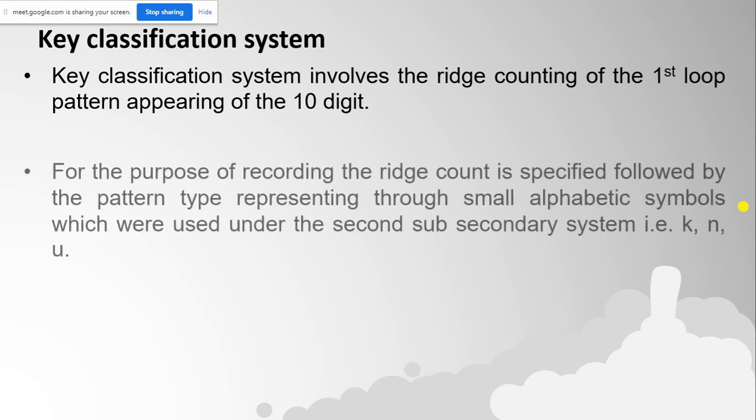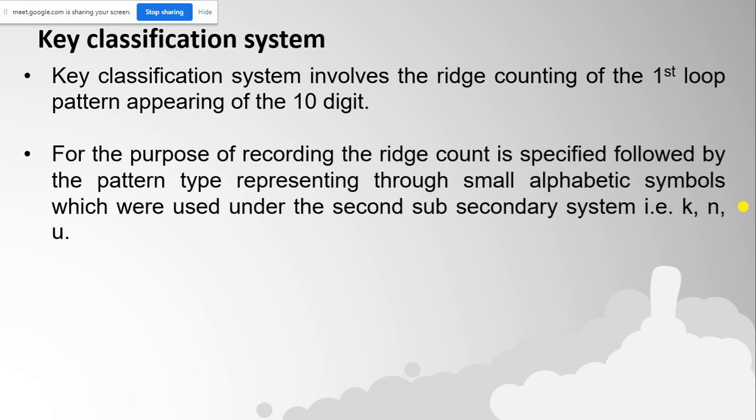primary classification system. And for different organizations like Scotland Yard and even in India, if we are following the NCIC or APHIS system of classification, we also have the need to record the type of loop that is present by denoting the alphabetical representations as per the subsecondary classification system.